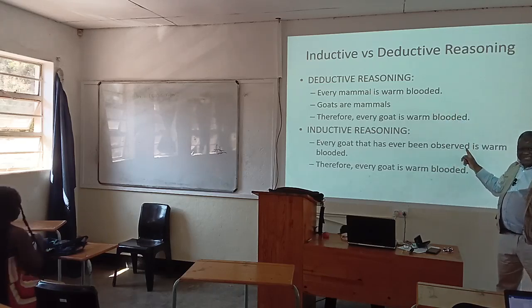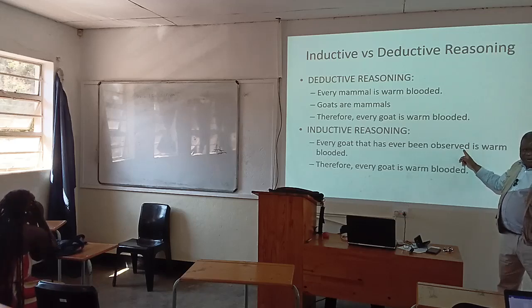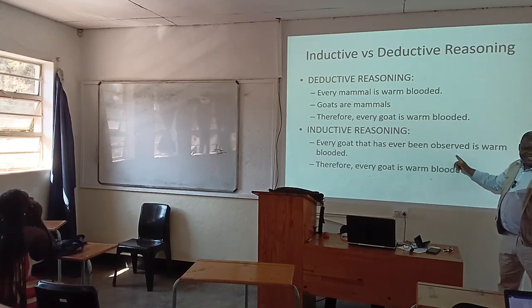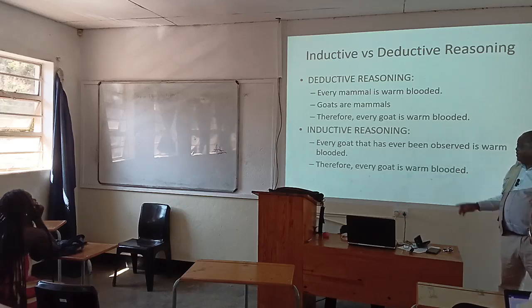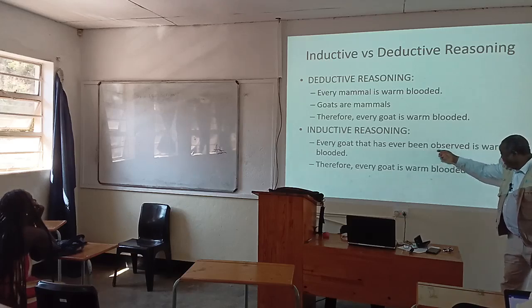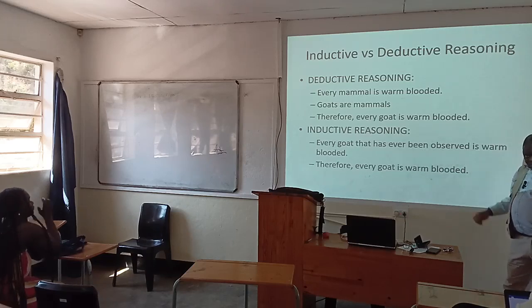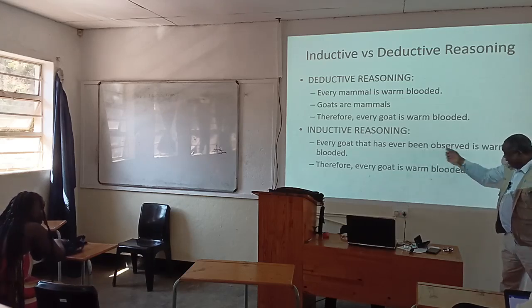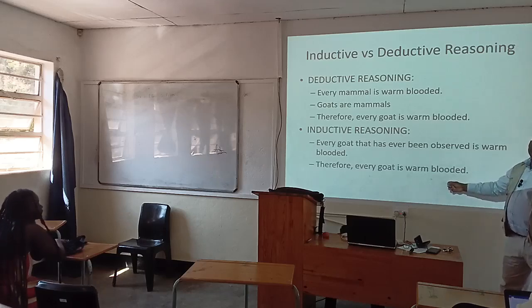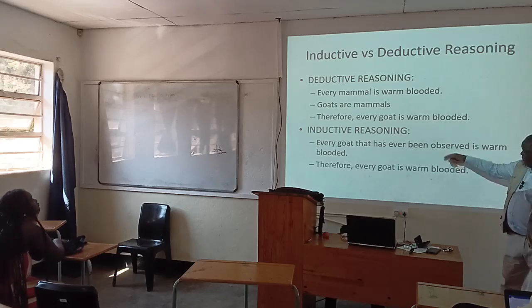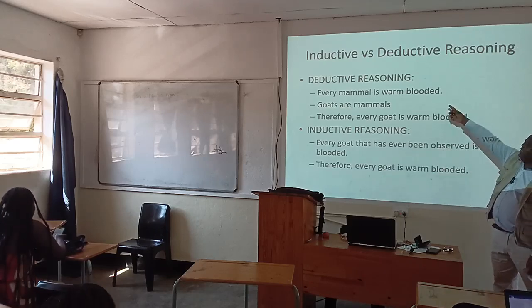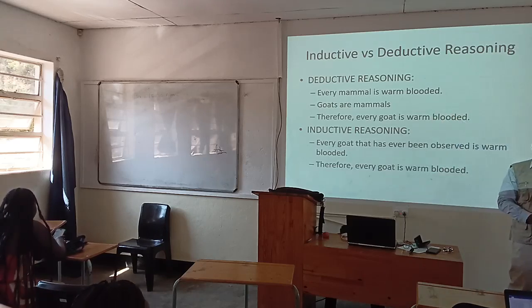Here the facts are reliable, but the question is, not all the goats that ever existed, that will ever exist, that are existing, have been measured. It's only those that have been observed. And we are basing on what has been observed to come up with the conclusion. So that's where the weakness of this lies, and that's where the weakness of that lies. I guess I've said this in a lot of different ways. Now it must make sense.